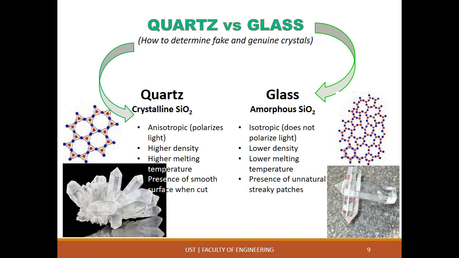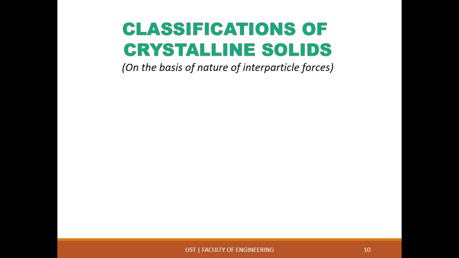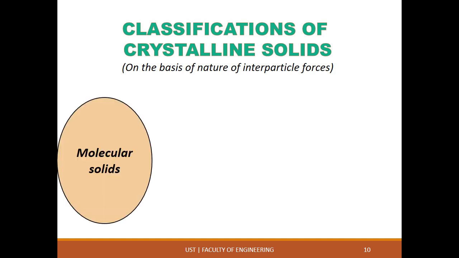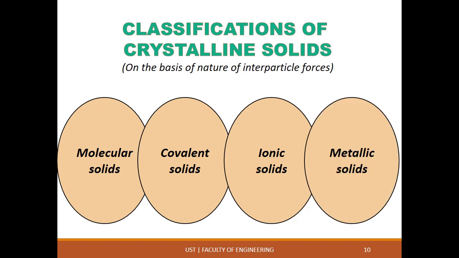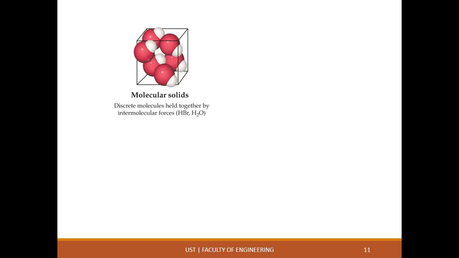These differences are due to the fact that they have different microstructure, specifically the arrangement of particles, despite the fact that they contain the same particles. Crystalline solids are divided into molecular, covalent, ionic, and metallic solids based on the nature of interparticle forces. For molecular solids, molecules are held by intermolecular forces such as dispersion and dipole-dipole forces.